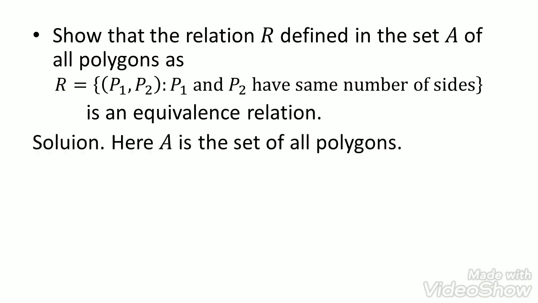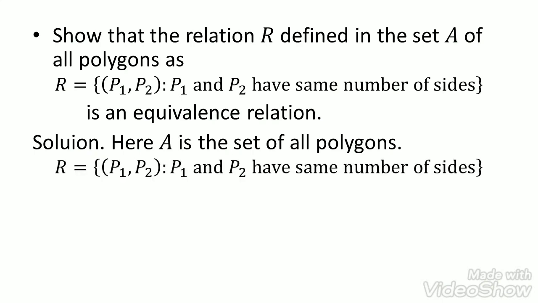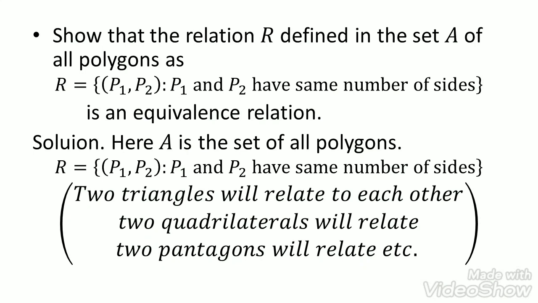See, the solution is just like this. A is the set of all polygons, R is defined in that way. You can see two triangles will relate to each other. Why? Because the number of sides of a triangle is 3, and since it has to be equal, a triangle will relate to a triangle only. A triangle will never relate to a quadrilateral, because quadrilaterals have 4 sides.